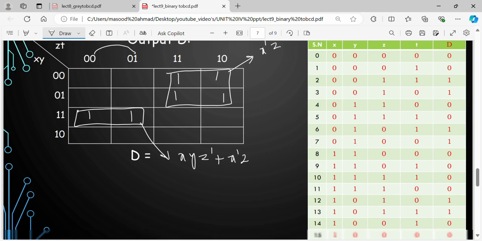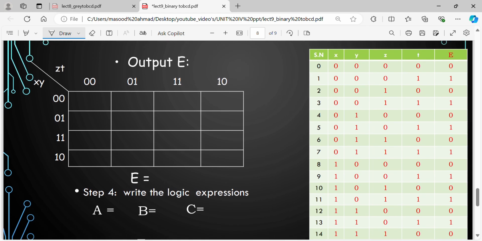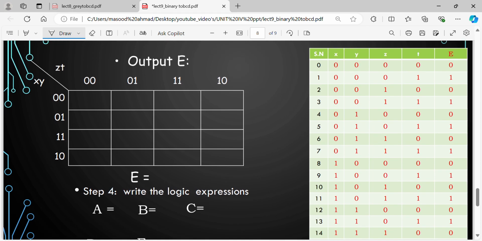Similarly, I can look for E. If I look for E, what are the values of E? For 1 it is 1. For 3 it is 1. Then for 5 it is 1. Then for 7 it is 1.